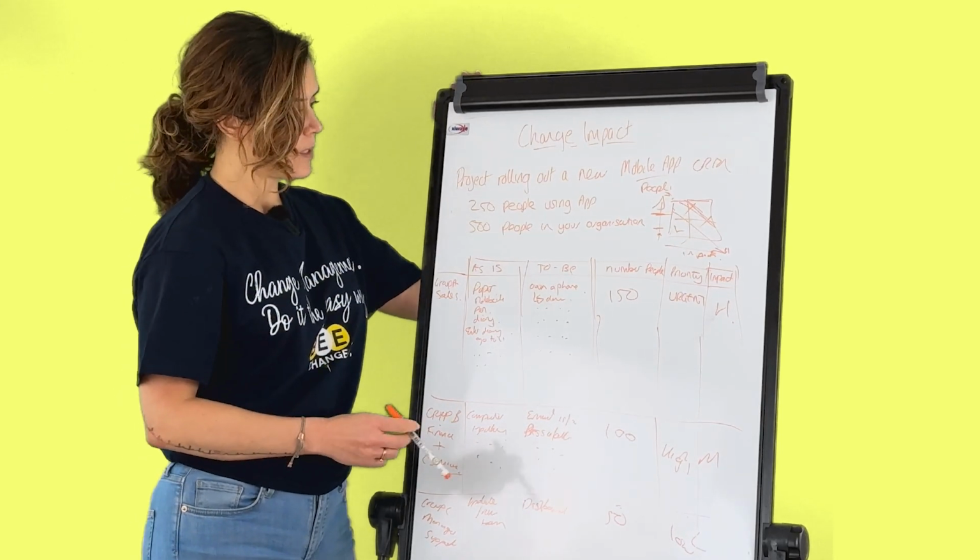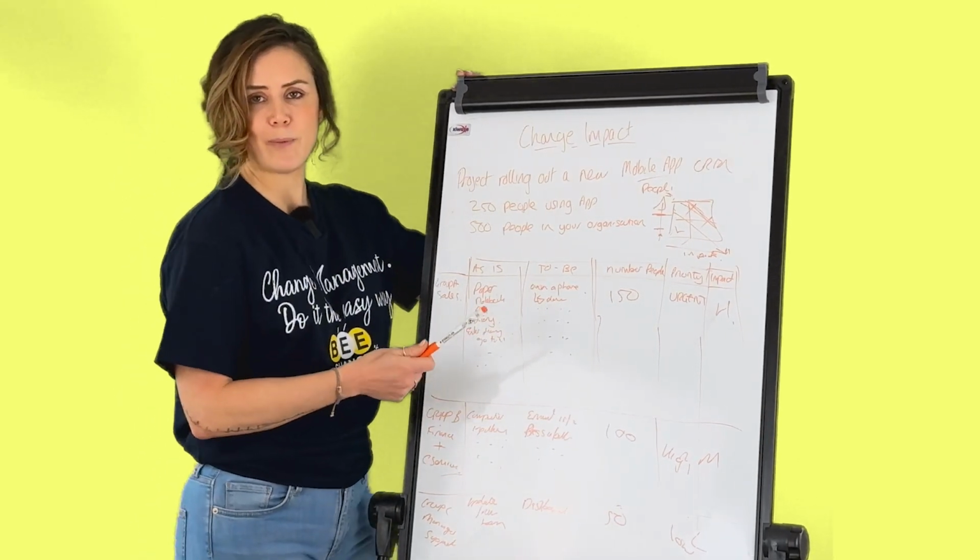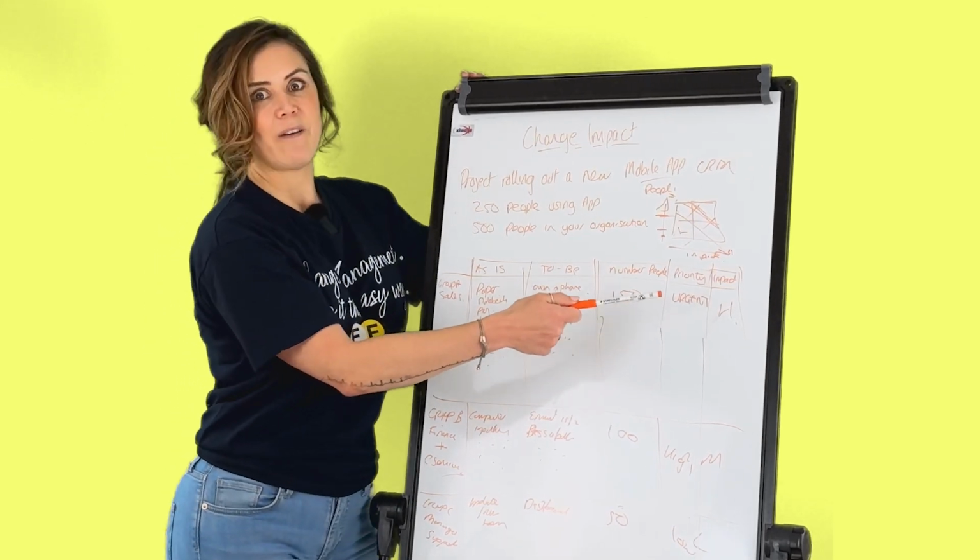So when you're writing your business case, you can say, guys, we've got 150 people that we're going to have a priority to.